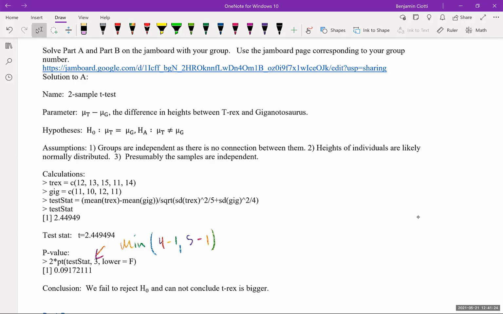Also, since it's two-sided, I'm going to take both tails, right? I plugged in the area of this one to R, but then I double it. At least that's the way I calculated it here in order to find the two-sided p-value of 0.09, which means this is a failure to reject at the standard 5% significance level.